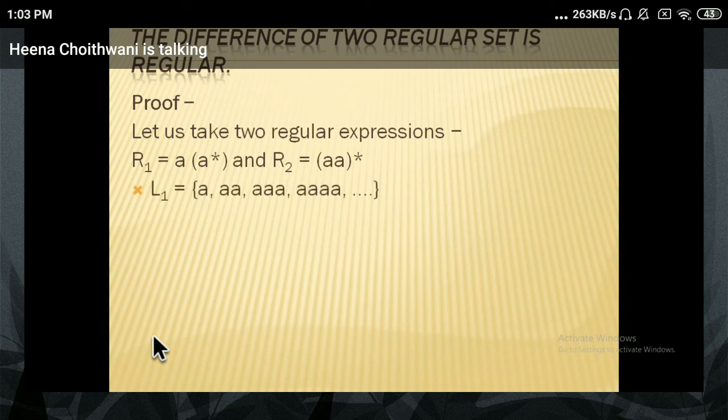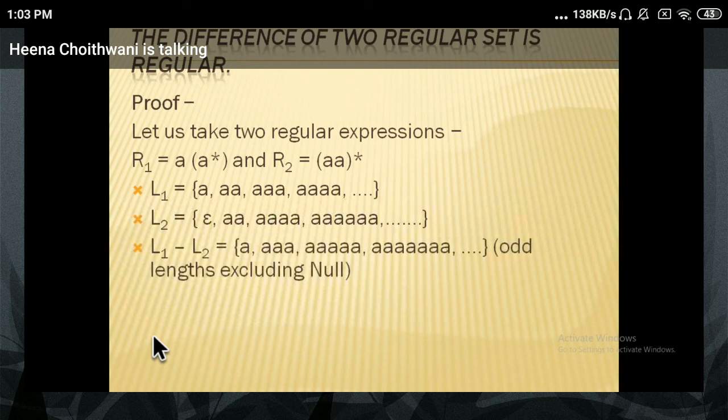L1 is having all these strings which are made up of A excluding epsilon. Then we have R2 including epsilon. We have all the possible strings of A even in length. If I take the difference of L1 and L2, I'll be getting A, triple A, 5 times A, and so on, because all the possible strings of even length will be subtracted, right?